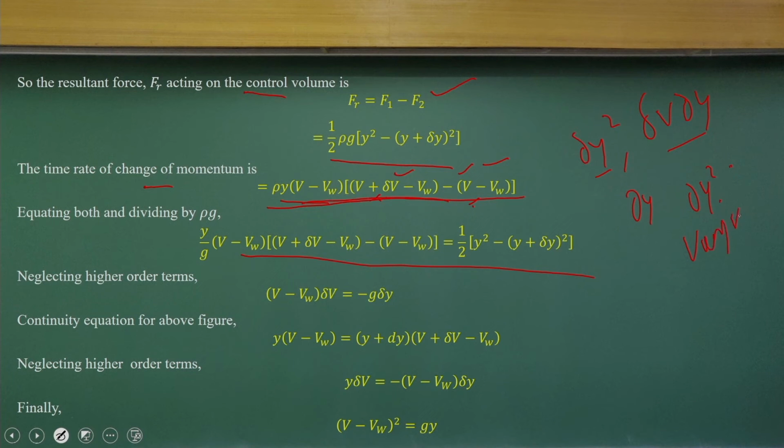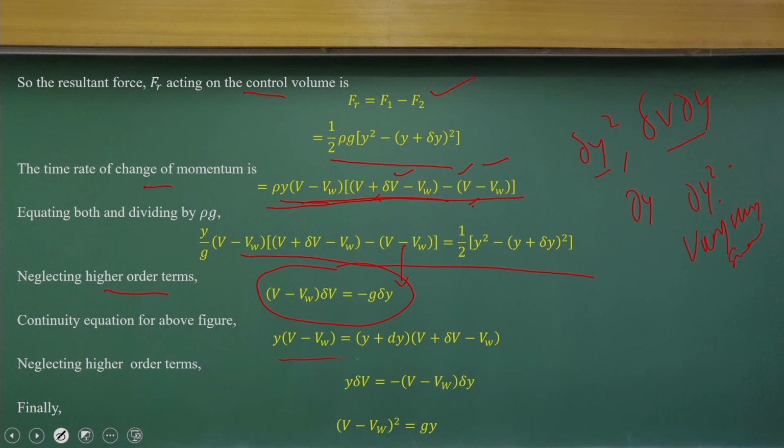Similarly, neglecting the higher order terms, these equations come out to be only this, a very simple thing. It looks very complicated here, but if you neglect these higher order terms, we can come back to these ones.